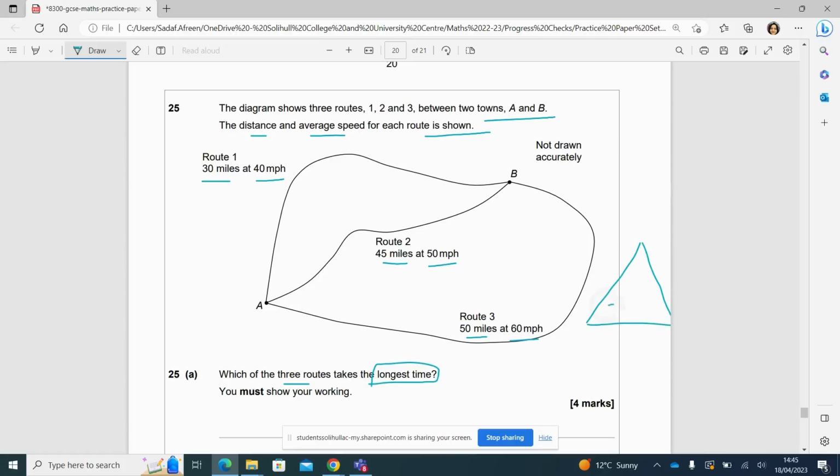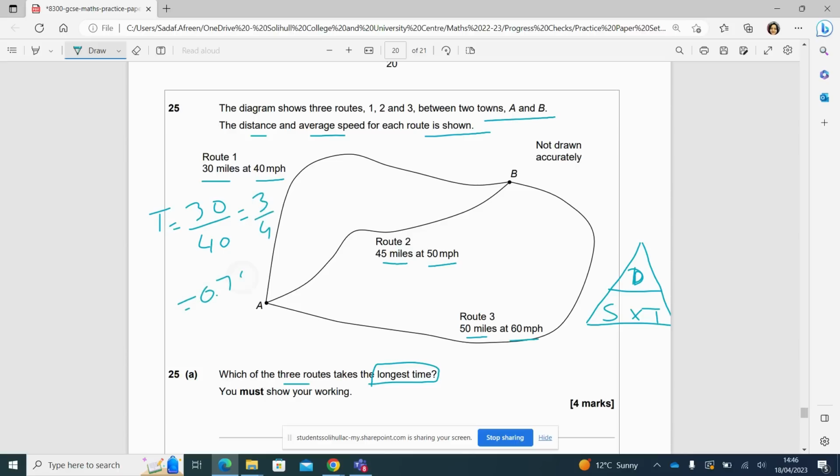Okay. So in order to work out the time, we need to show about the speed, distance, time formula. The speed, distance, time formula is a speed, distance, and time. So if we want to work out the time, we need to divide distance by the speed. So the time for route 1 is you divide the distance, which is 30 miles, by the speed, which is 40, and that gives you 30/40.